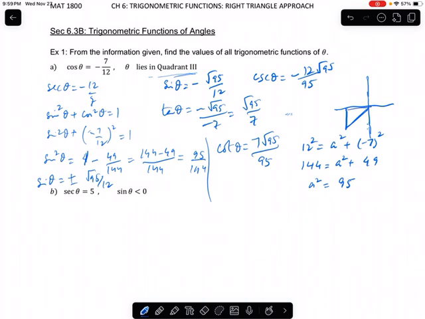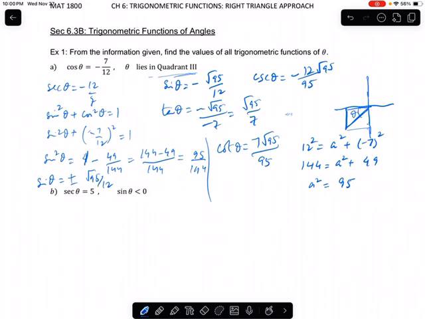We never draw it over here, because our theta is going to be this angle, and it's never going to be this one. It's always the angle with the x-axis.